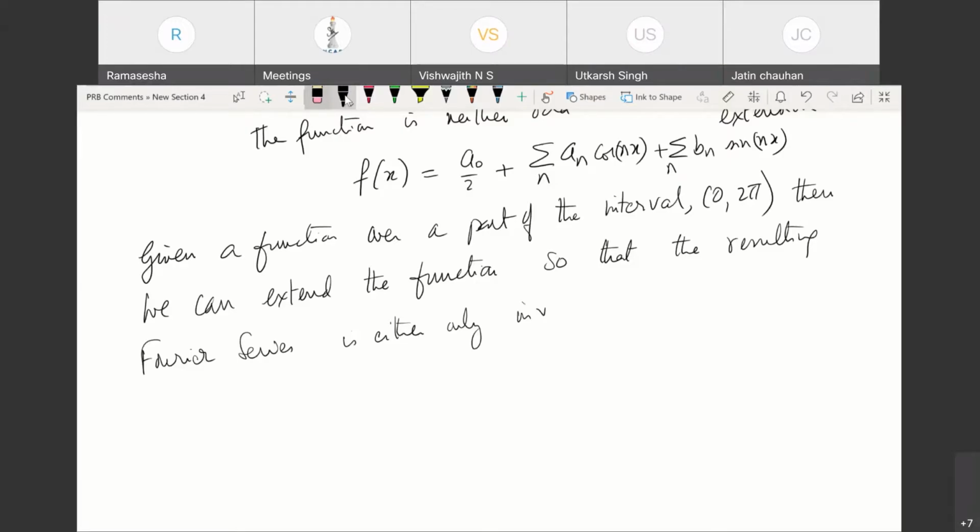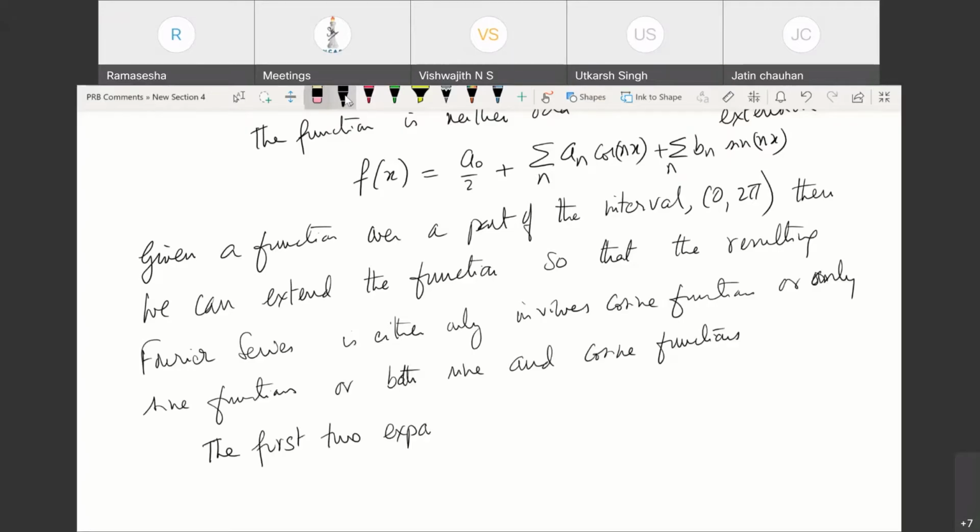So this is a name. The first two expansions are called half-range expansions.